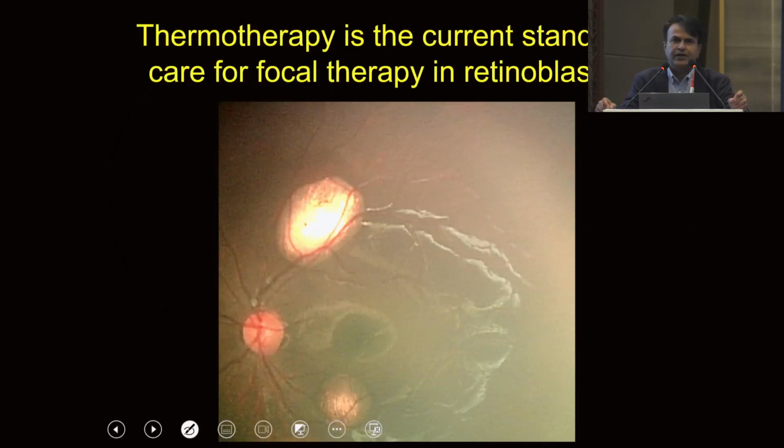So the current standard of care for small tumors is thermotherapy. When we use diode laser thermotherapy using an indirect ophthalmoscope delivery system, which is 1800 micron in spot size, you can reach anywhere in the retina. Location is not the barrier at all. Right from the ora serrata to the posterior pole, anywhere can be reached, and the spot is so large that you can cover the entire tumor within about 3 to 5 minutes.